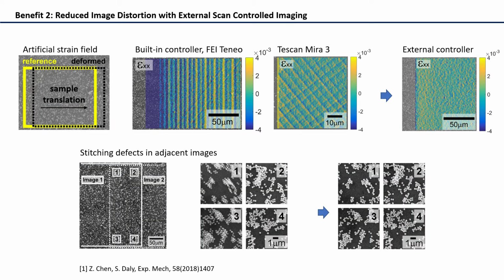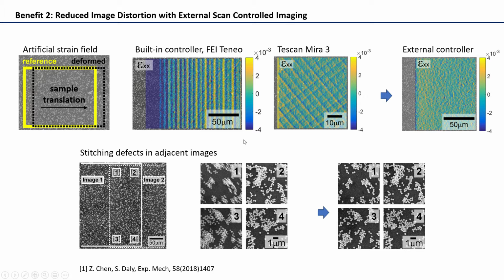Another benefit is that optionally, you may choose to use an external scan controller, which might result in reduced image distortion, depending on your SEM system. I have worked on different microscopes and observed different types of image distortion, as illustrated here. For example, if you perform DIC on a pair of images with a rigid body translation of your sample between them, you should expect no strain fields to be measured.